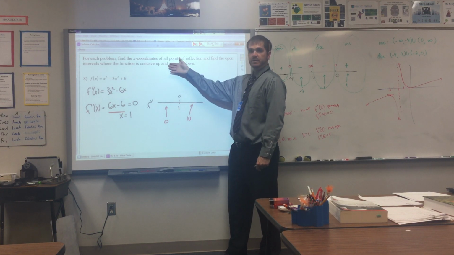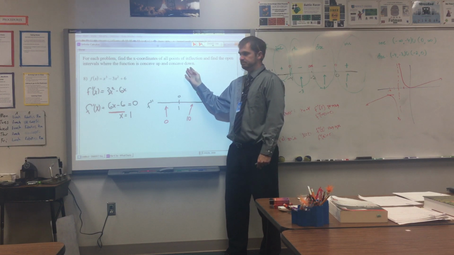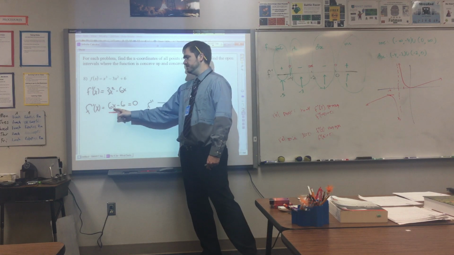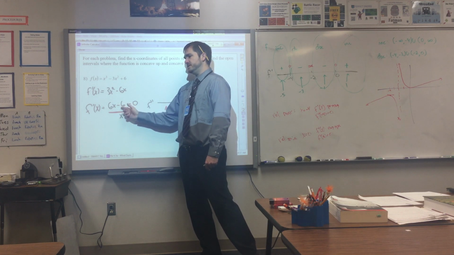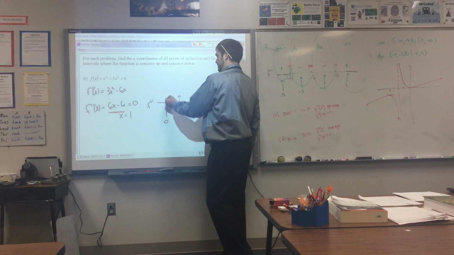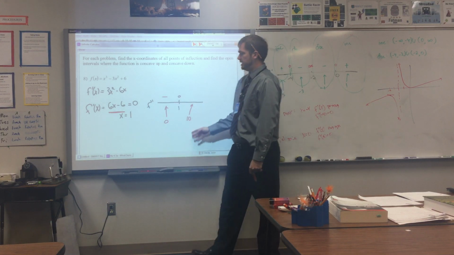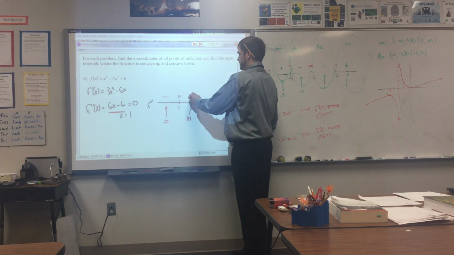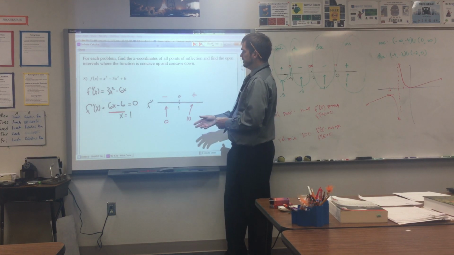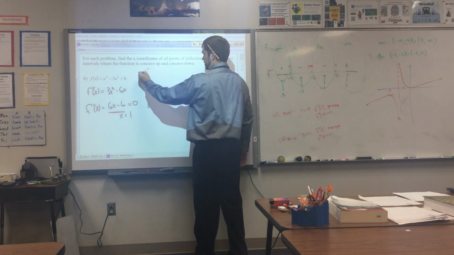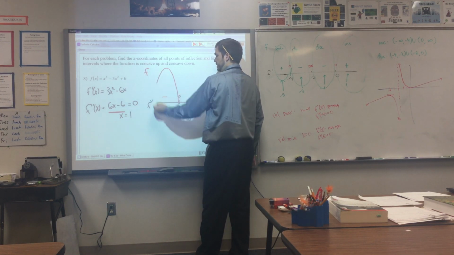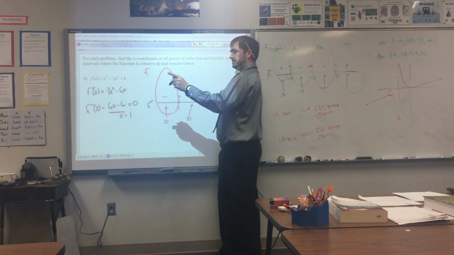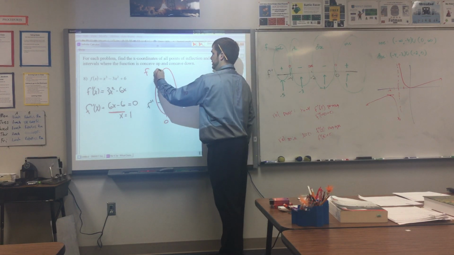That will tell us whether the original function is concave up or concave down. 0, let's just do this in our head. 6 times 0 is 0 minus 6, negative 6, that's negative. Let's plug in 10. 6 times 10 minus 6, that is positive. So that tells us that the original function in this region right here is concave down.